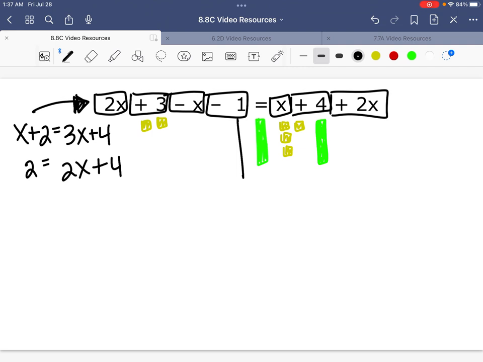So my next step is to look at those units on that right-hand side and say, okay, how can I make zero pairs to get rid of those? So I see 4 positives, so I can make zero pairs with 4 negatives. And since I put 4 negatives on the right-hand side, I would need to put 4 negatives on the left-hand side as well.